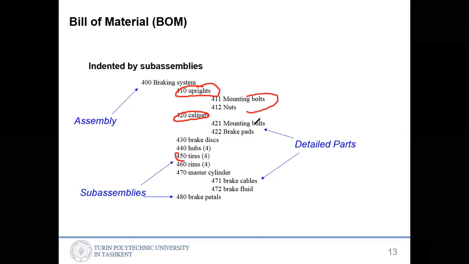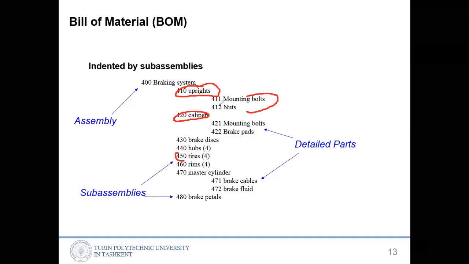Then detailed parts, like mounting bolts, 411, 412, 413, 414, and so on, and that can be indented. Indented means it has this indentation. So you can do this bill of material management.